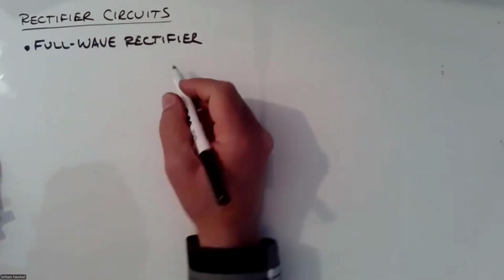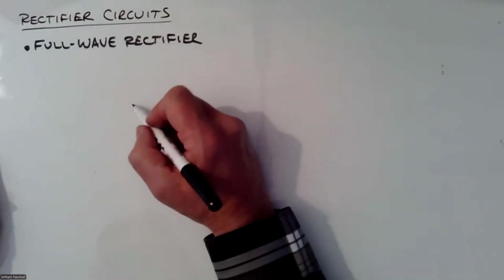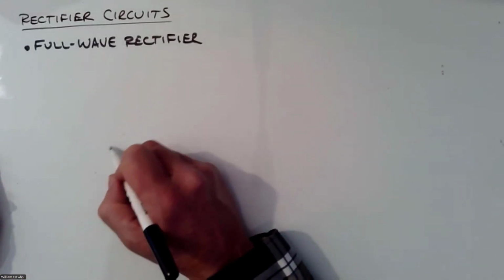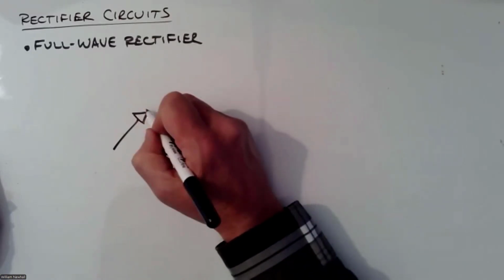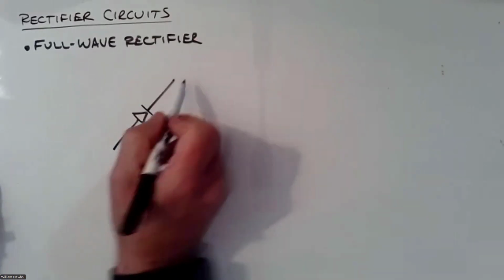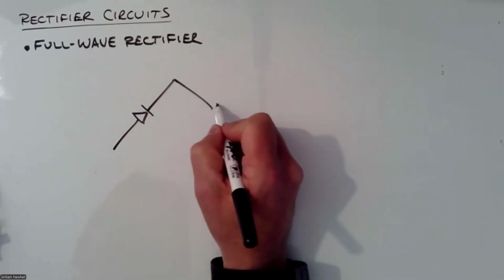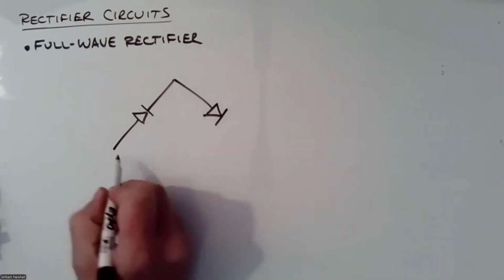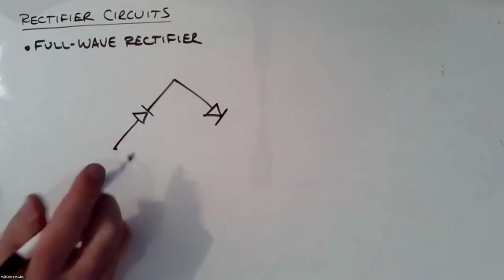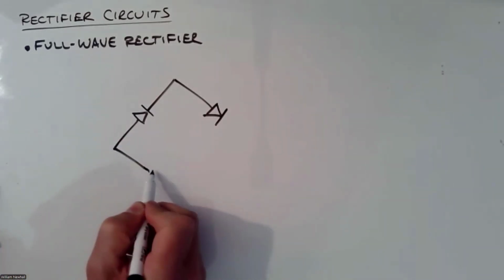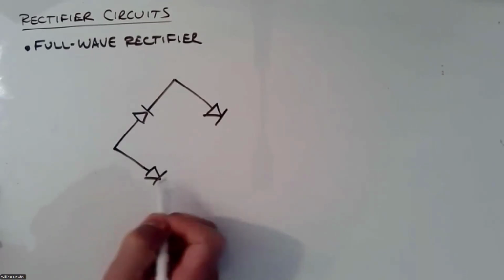Okay, so let me draw the rectifier first here. We love to draw these with diagonal diodes.